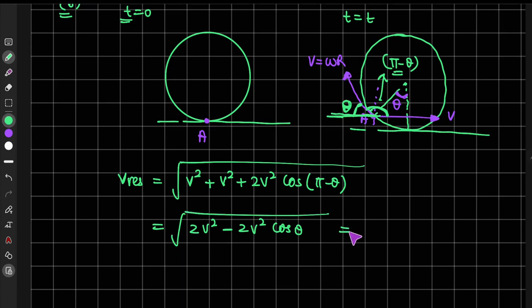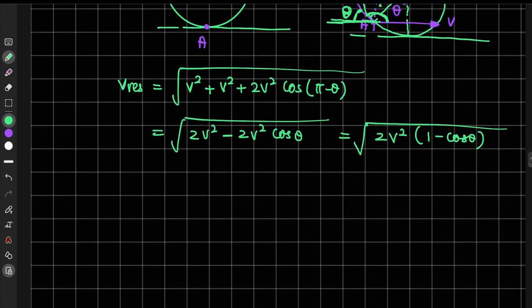So from here, taking 2v square as common, we get the square root of 1 minus cos theta, and we can write cos theta as 1 minus 2 sin square theta by 2. If we substitute the value of cos theta here, we will get the square root of 2v square times 2 sin square theta by 2.